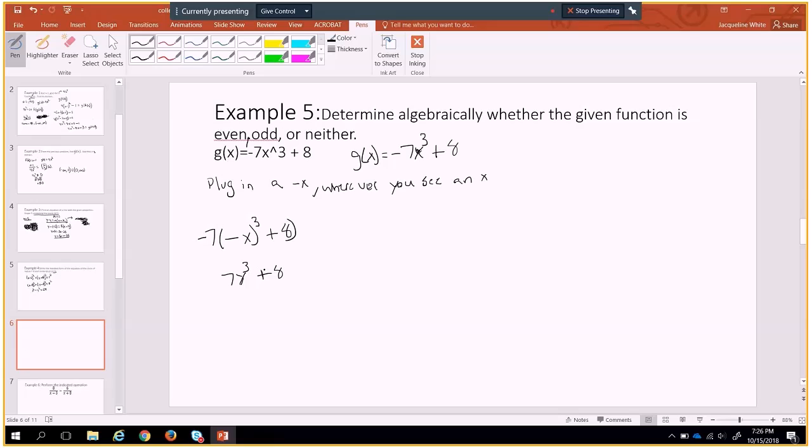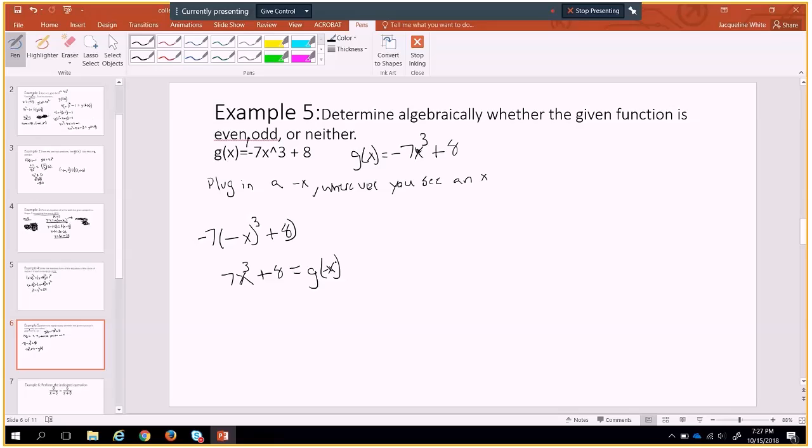All right, and that's what happens when you plug in a negative x. So g of negative x is equal to 7x cubed plus 8.